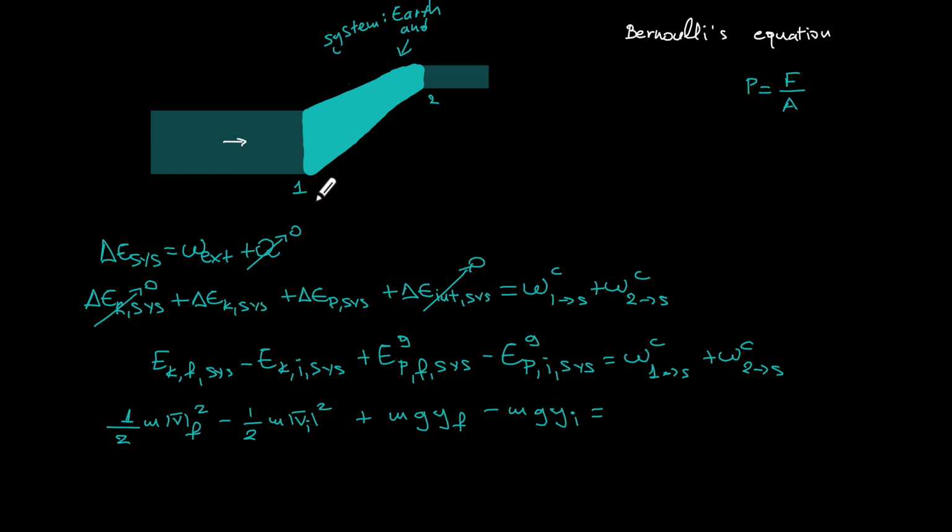If I assume that my system moves to the right, is displaced to the right by a little bit, let's say here it's displaced by delta x1 and here it is displaced by delta x2, then this part of the surroundings is doing work that is equal to the force that one exerts on my fluid, or the pressure at 1 times the area at 1 times delta x1.